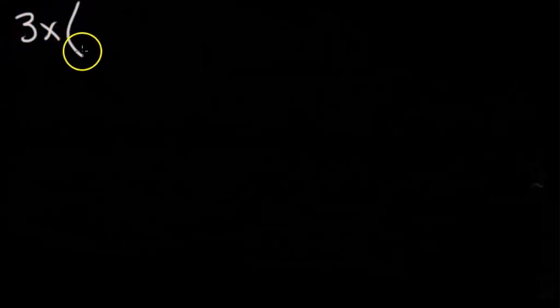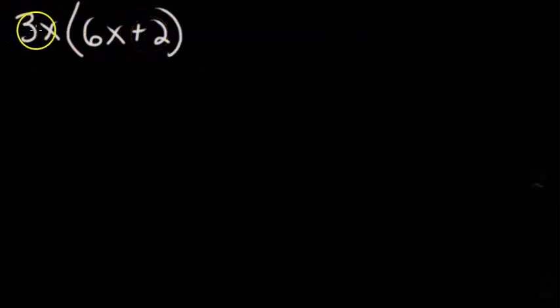3x times 6x plus 2. Okay? So we have a monomial multiplied by a binomial. So what we do, 3x times 6x, which gives us 18x squared.